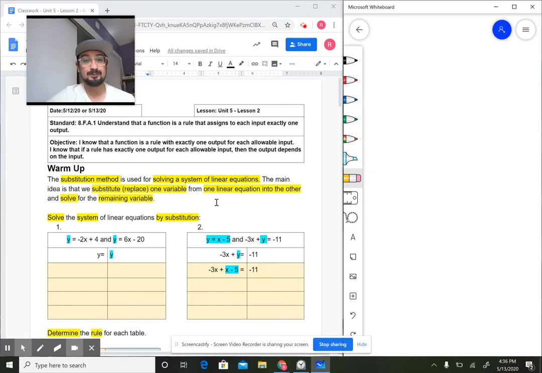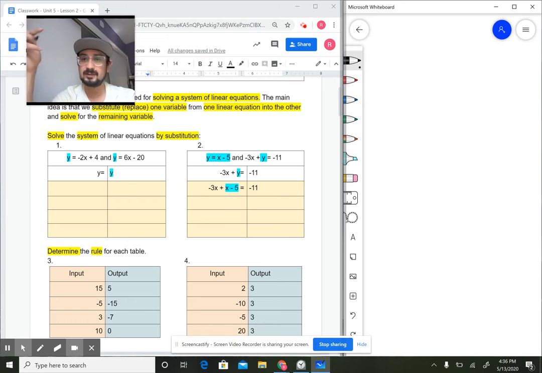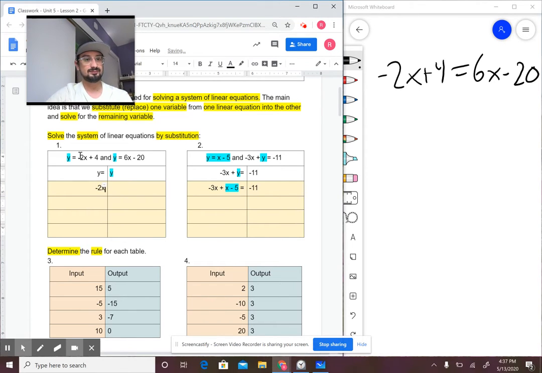But before that, my warm-up is on the substitution method. If both equations are in y equals mx plus b, then all you do is set them equal to each other and solve.